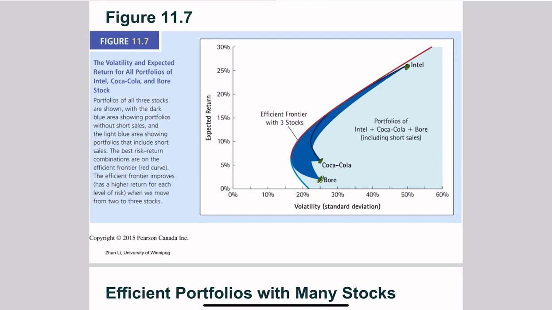And we can learn that it's never efficient. It's never wise to just invest in a single stock, because none of these single stocks is on this efficient frontier, on this red curve, right? So basically this tells you that it's important to diversify your portfolio, right? So this is basically a very simple justification for diversification.